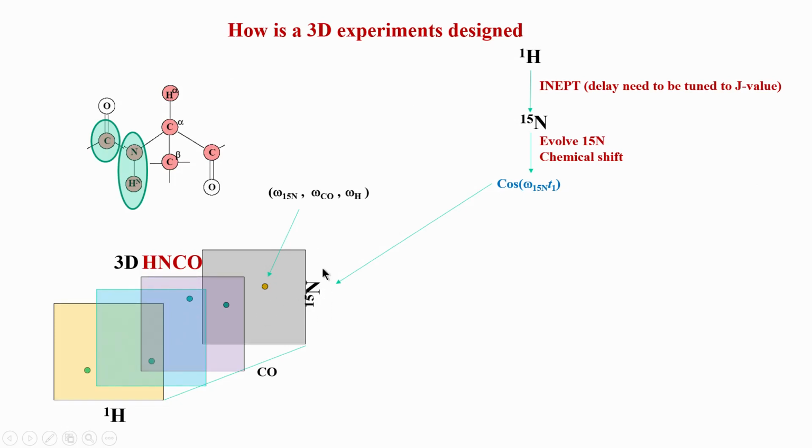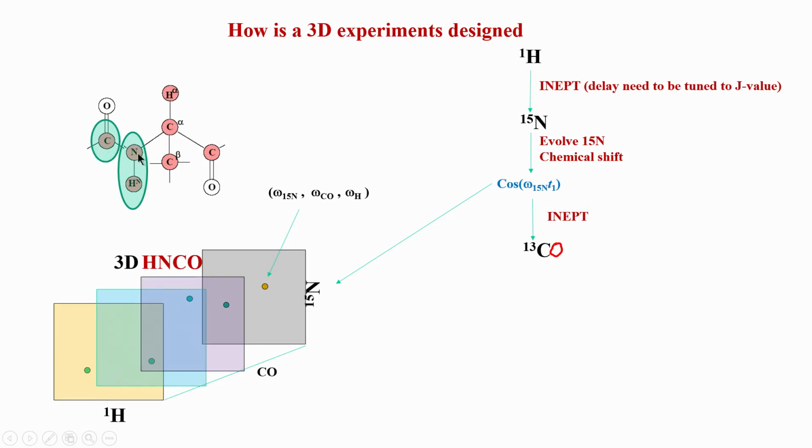This axis is the nitrogen chemical shift, which is coming from this term here, cosine omega T1. Now, I will further go from nitrogen to carbon through INEPT. Now, this carbon is this carbon here. So, I can write explicitly here as CO. So, this is INEPT to 13CO, and this 13CO is this one.